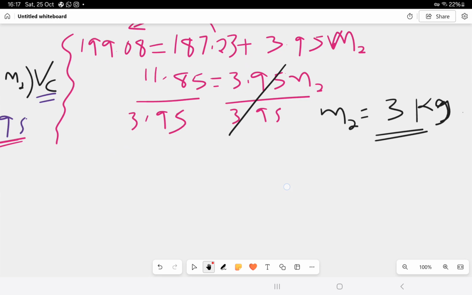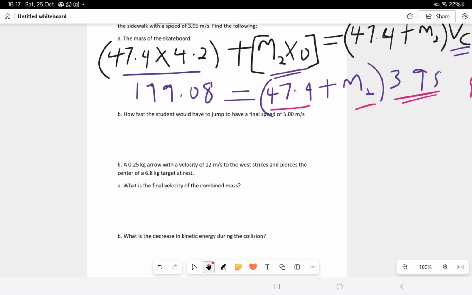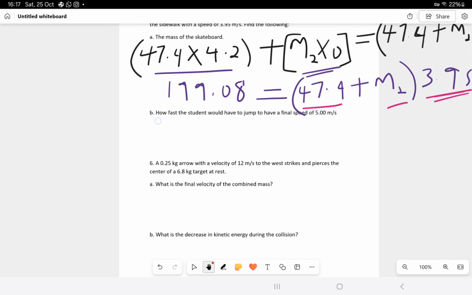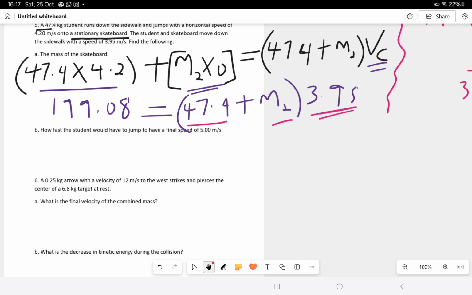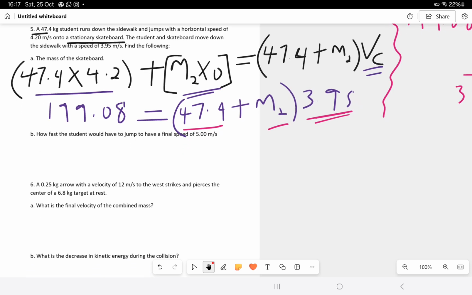Now part B, what are you told? Part B asks how fast the student would have jumped, so in this case we need V1, because they're asking how fast the student would have jumped to have a final speed of this one.